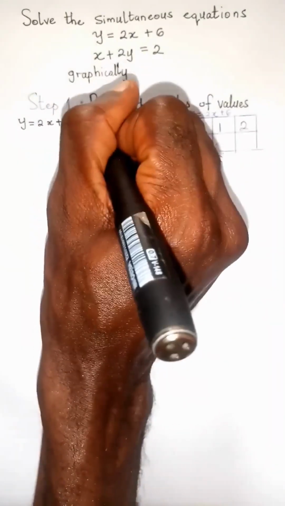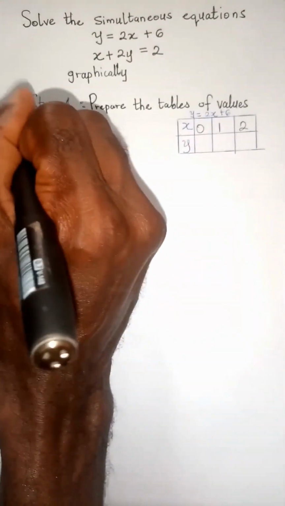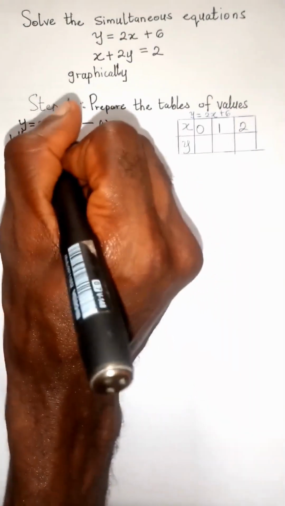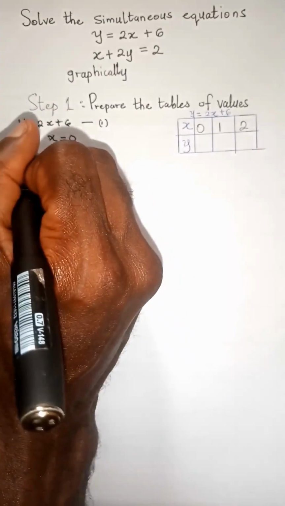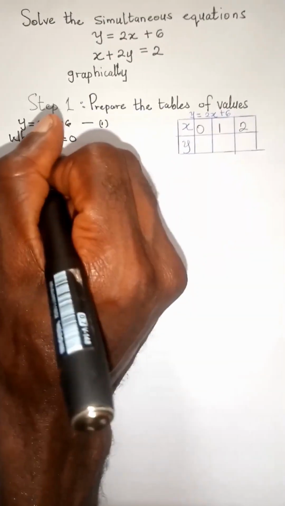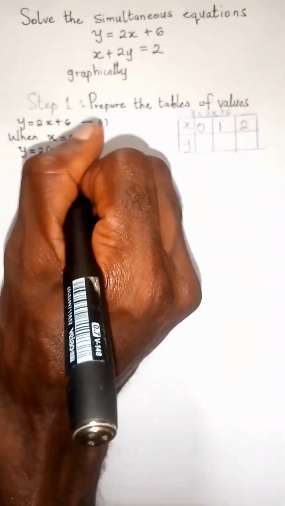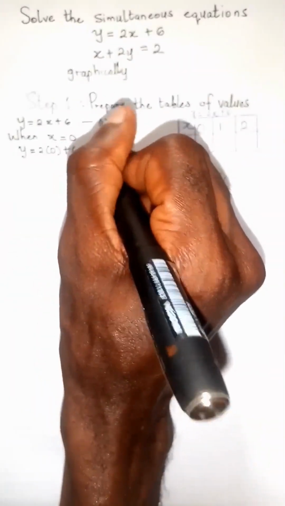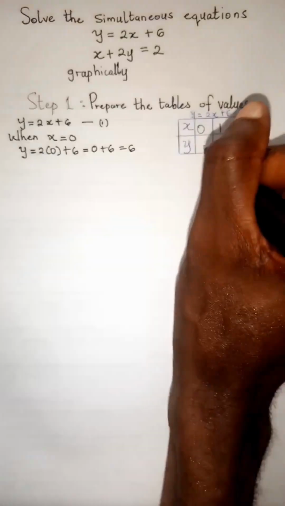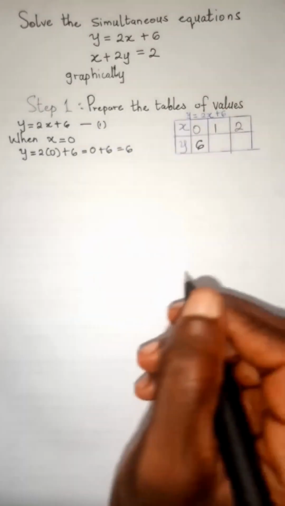That's for equation 1. So we try when x is 0. When x is 0, the equation becomes y equals 2 times 0 plus 6. And 2 times 0 is 0, so we have 0 plus 6, and that is 6. So when x is 0, y is 6.